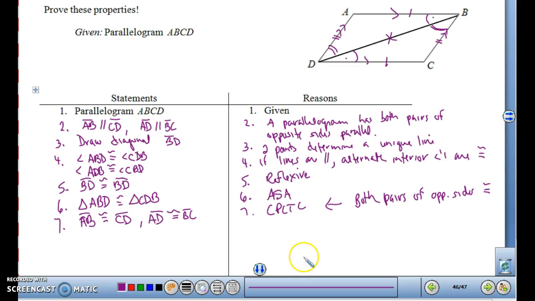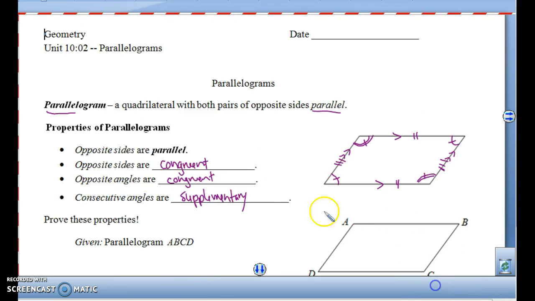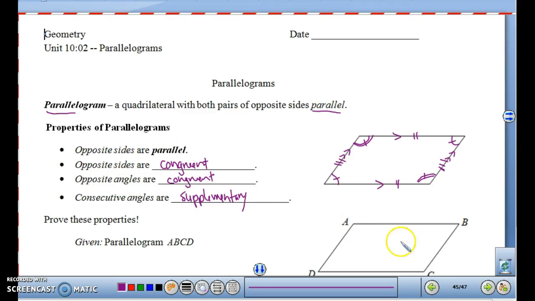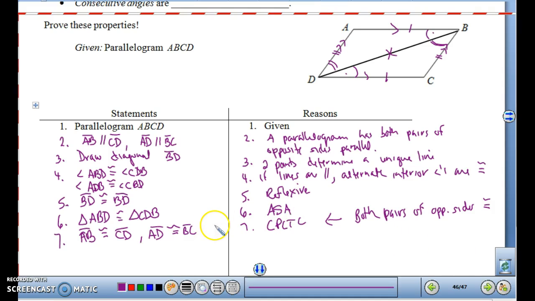All right, so that's going to be true. All right, so we have the opposite sides are parallel. We proved both pairs of opposite sides are congruent. AB is congruent to CD and AD is congruent to BC. Okay, next property. Opposite angles are congruent. Well, what would be a pair of opposite angles? Well, wouldn't that be angle A and angle C, here and here? Are they congruent?